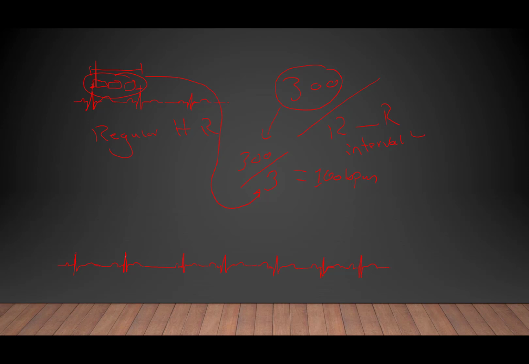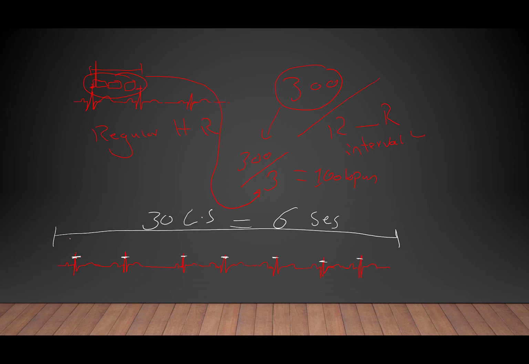Here we have the QRS complexes, or R waves. We count the R waves of the QRS complex during 30 large squares, or what we can say, during 6 seconds, equal to 30 large squares.